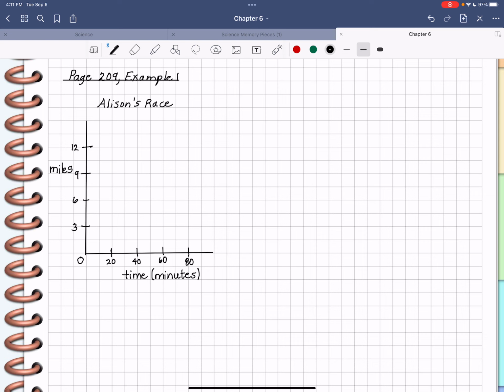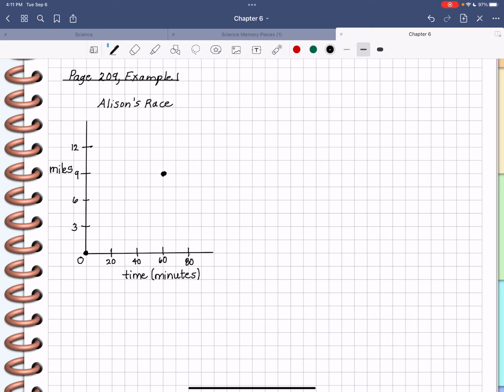Okay. And here are some points. We have a point at 0, 0, so we meet the 0, 0 principle. And then we have one at 9 on y and 60 on x, so 60 and 9 right here.